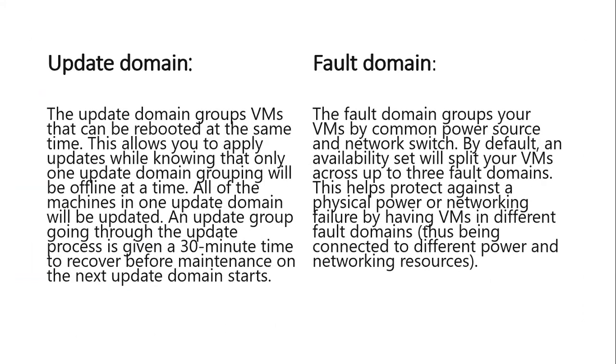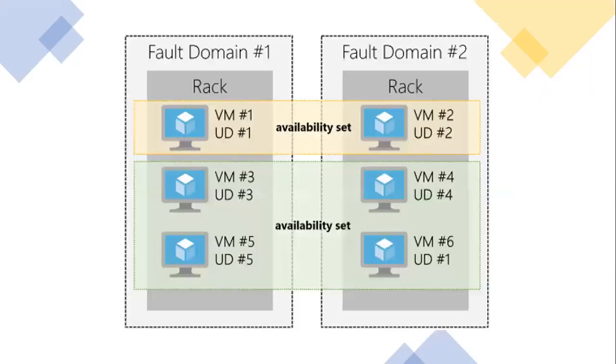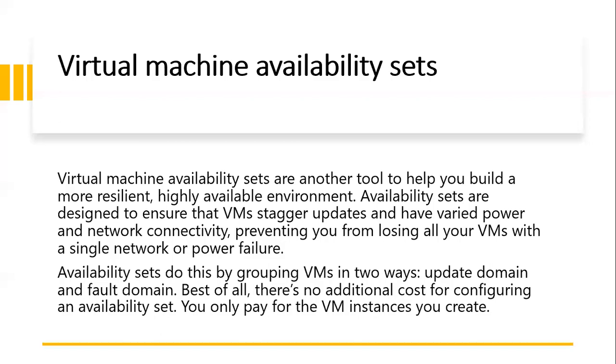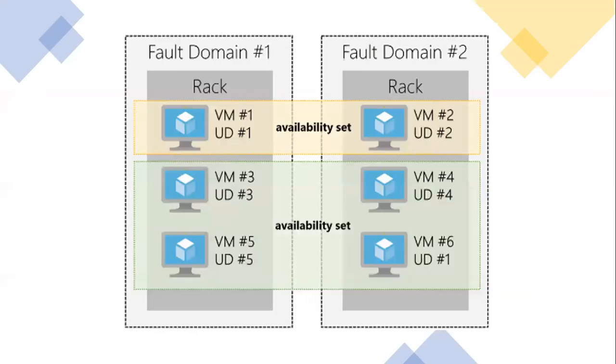I will tell you. By default, whatever machines you create in an availability set are divided into two domains, update domain and fault domain. Now, I have created some virtual machines for my project, and I have chosen an availability set.